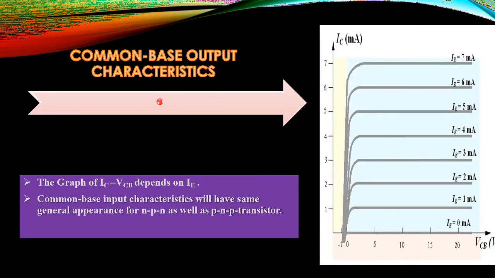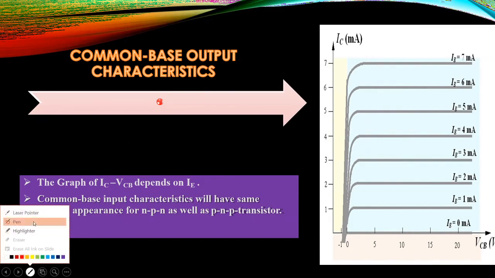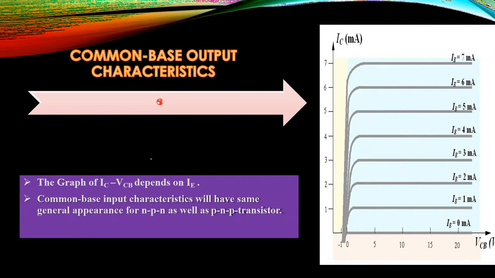Next comes the discussion of output characteristics. For output characteristics, we have to maintain the input current constant and measure the output current. In this case we have emitter, base, collector.